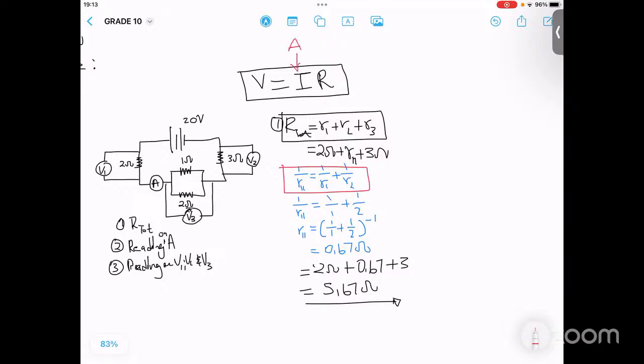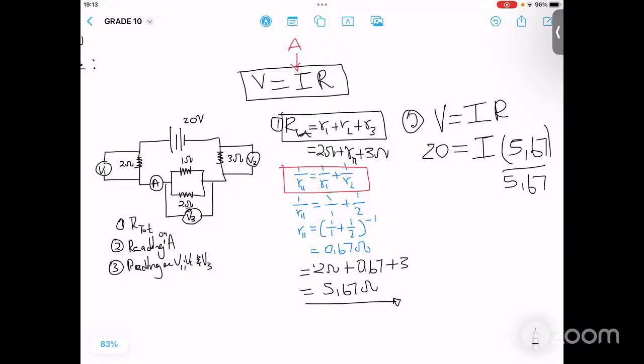Okay, in physical sciences, you always start by writing the formula. So you will say V equals IR. What is V? It is given as 20 volts. I is what you are looking for. You did calculate the total resistance as 5.67. Because it is the I that you are looking for, you divide both sides by 5.67. Why do you divide by that? So that it cancels.